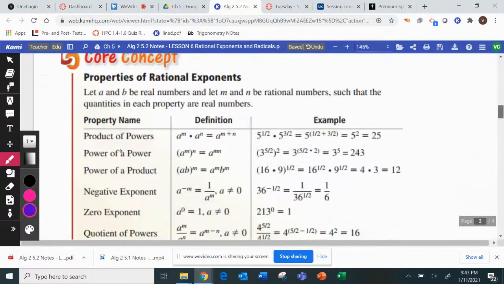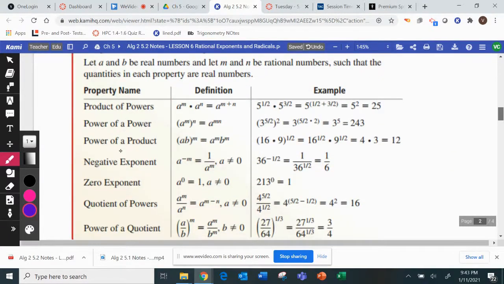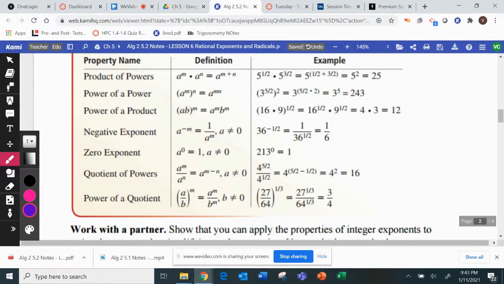All right, today, here is a summation of all of the properties that we've been talking about, and each of these examples uses rational exponents, which means we've got fractions for exponents, and lots of different examples of what you would do when you've got fraction exponents.